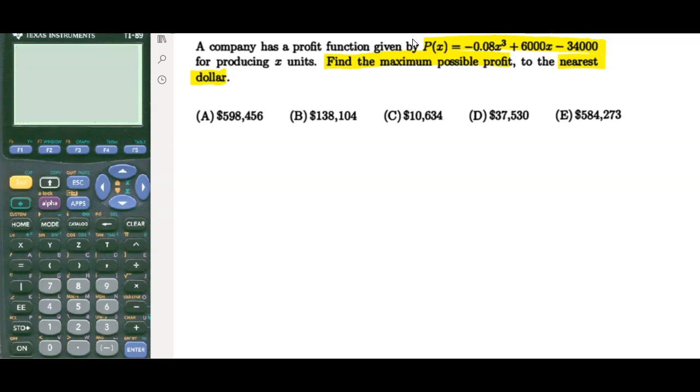Okay, so some background before we start the problem. Here, if I have any polynomial, now if I'm having a local maximum, such as this one, I'm going to have the tangent line going to be horizontal. So this is in the case of a maximum. The same thing in the case of a minimum: the tangent line at the minimum is going to be horizontal.